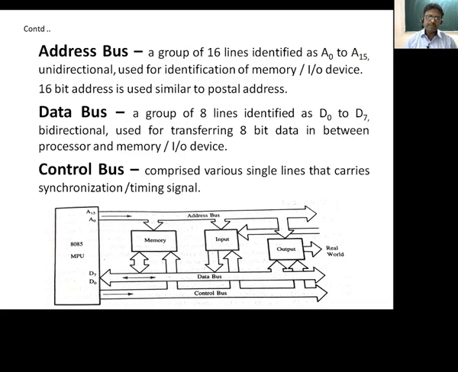Similarly, every peripheral device or every memory register will be identified by its address. Now this address bus is always said to be unidirectional. Why is it unidirectional? Because the address is required to be sent by the processor to the rest of the world, such as memory or the input or the output.